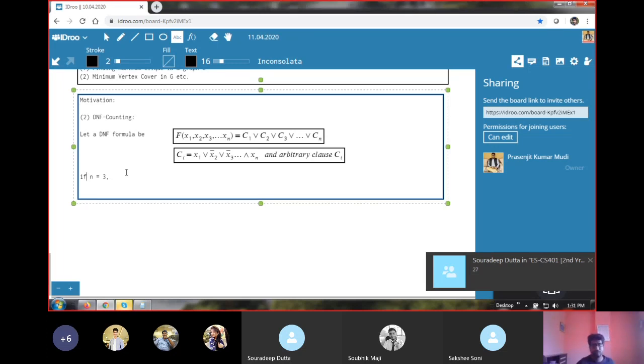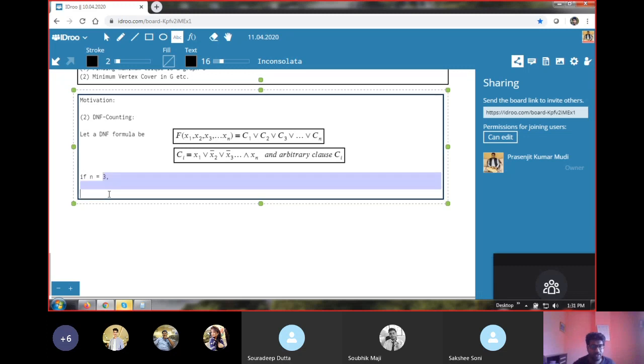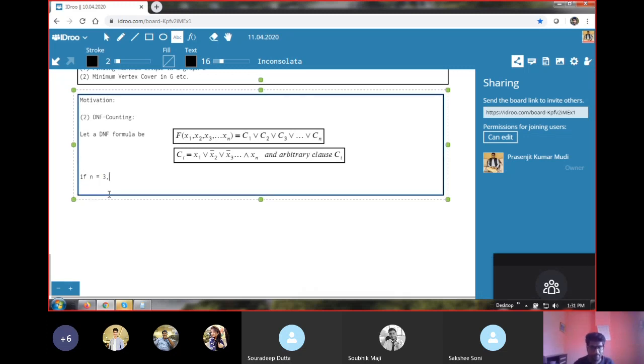So if n equals 3, we may find the maximum number of assignments satisfying f.